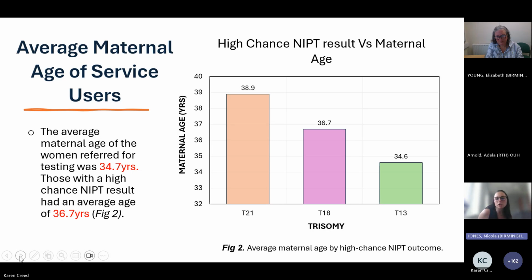This bar chart demonstrates the average maternal age separated into the three trisomies. The average maternal age was higher in those women that had a high chance trisomy 21 result, and lowest in those women that had a high chance trisomy 13 result. Next slide, please, Karen.